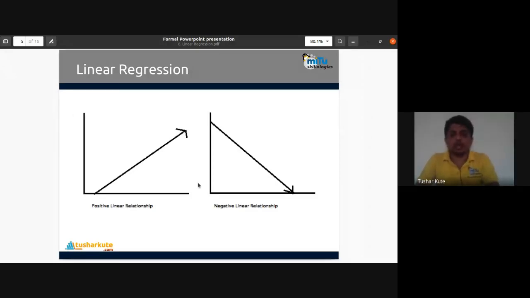Let me start my Jupyter notebook. I'll show one data set also to you, and with that we can perform the operation of building the model. So just a minute.